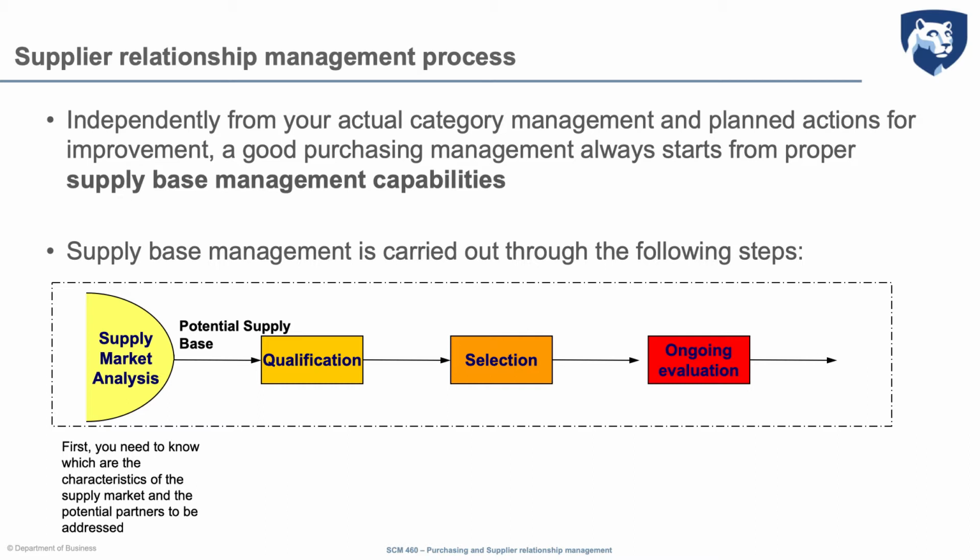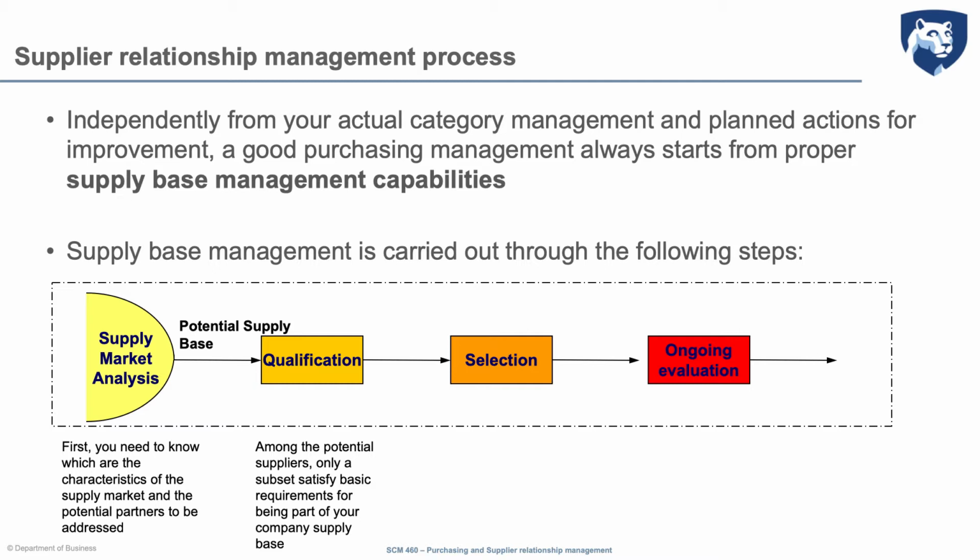The ones that meet my basic requirements are those that are called qualified suppliers. So from the supply base, the subset of suppliers that are potentially interesting for me, I need to identify the ones that are suitable and respect some qualifying criteria, and this is done through the qualification process.